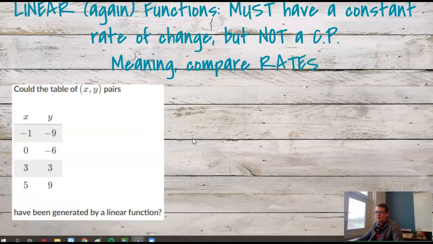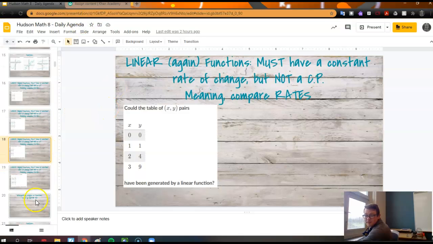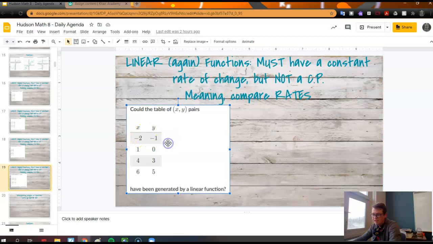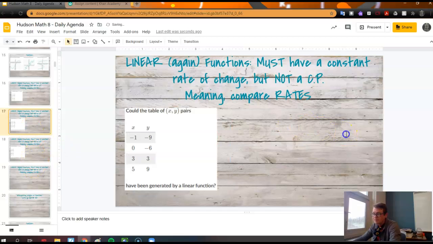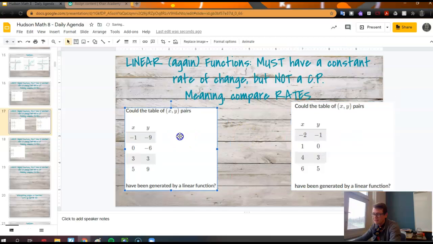Let's do this. I need my keyboard. All right, you're going to go into breakout rooms. You're going to have 2 tables to look at, and I want you to determine if they are linear.